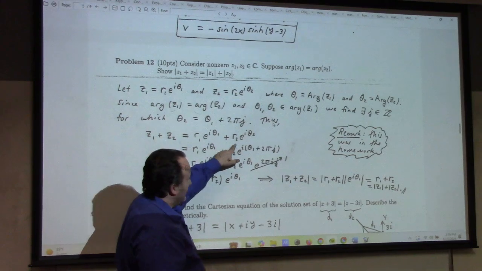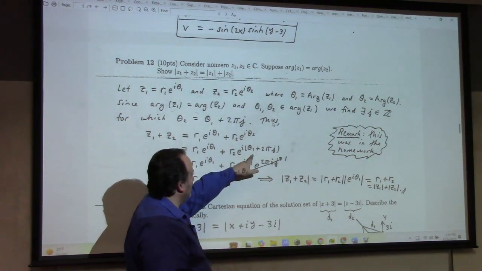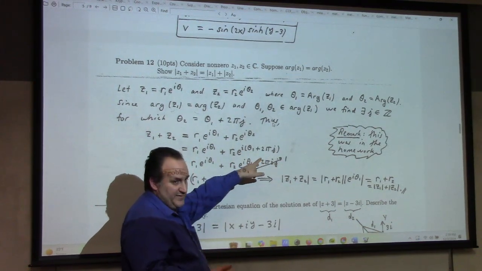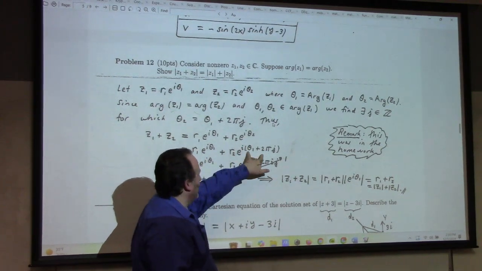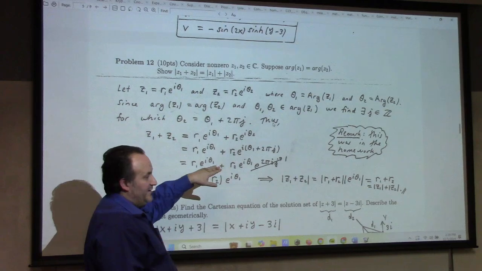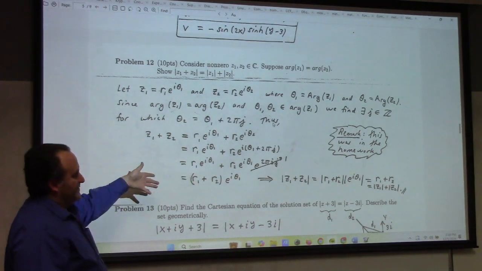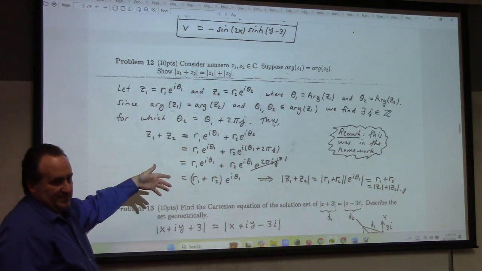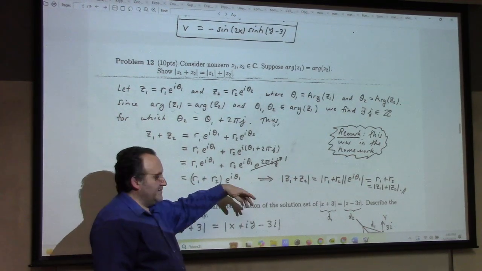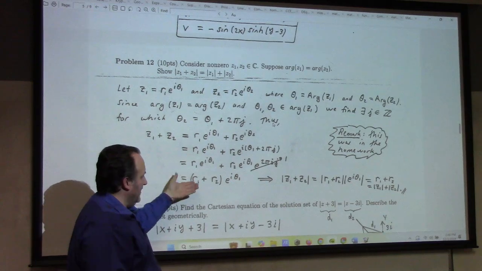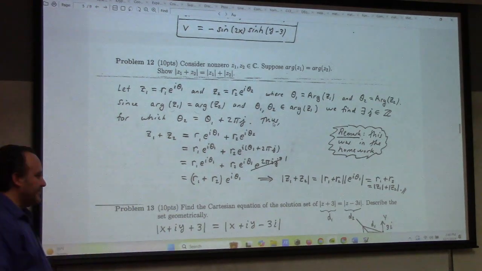Z1 plus Z2 is this plus this, right? But this theta 2, we can write as theta 1 plus 2 pi j. That much is given to us by the arguments being equal. And of course, the 2 pi j inside just gives 1, because cosine of 2 pi j is 1 and sine of 2 pi j is 0. And then we got it.